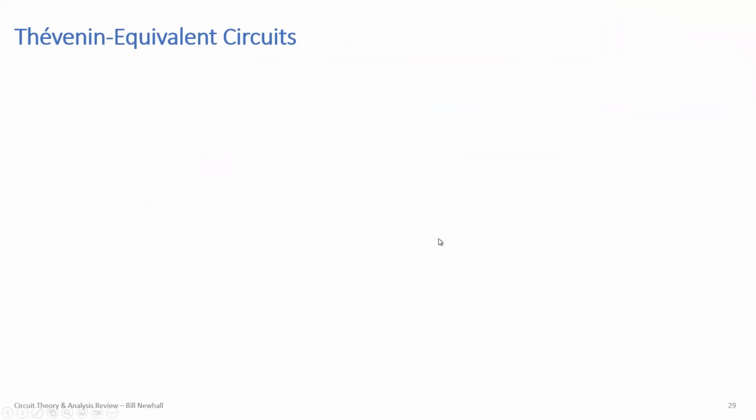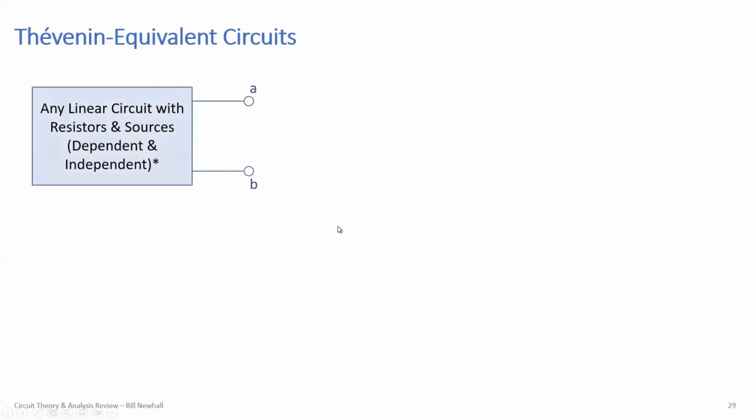Let's talk about Thévenin equivalent circuits. So Thévenin equivalent circuits are a model of an actual circuit. So if you have any linear circuit with resistors and sources, dependent or independent sources, right? Independent sources are not controlled by any other voltage or current in the circuit.